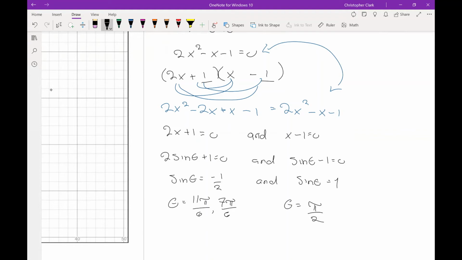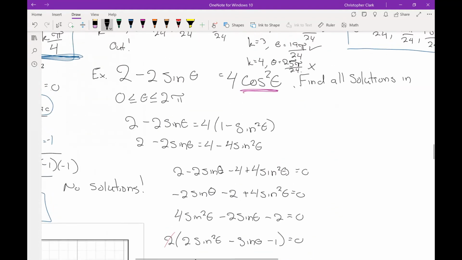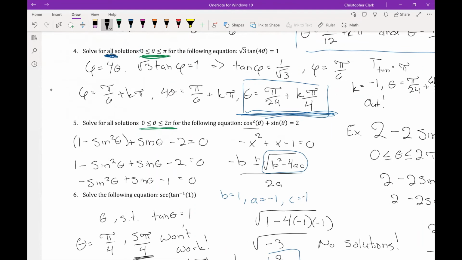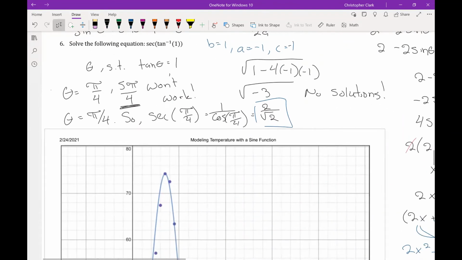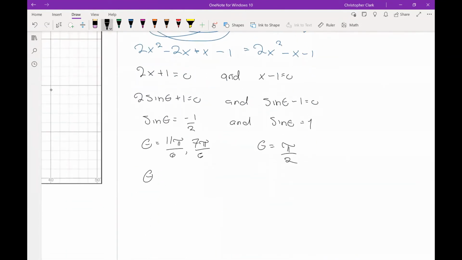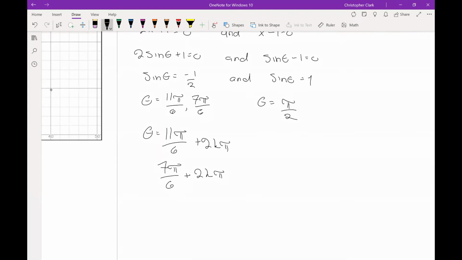So remember, we have to be super careful. I have underlined the solutions between 0 and 2 pi. So technically, I could go down here and say theta is equal to 11 pi over 6 plus 2k pi, or 7 pi over 6 plus 2k pi, or pi over 2 plus 2k pi.